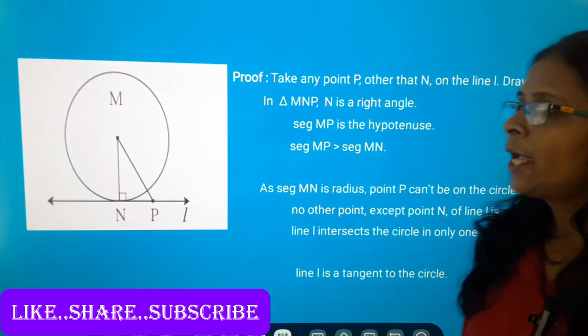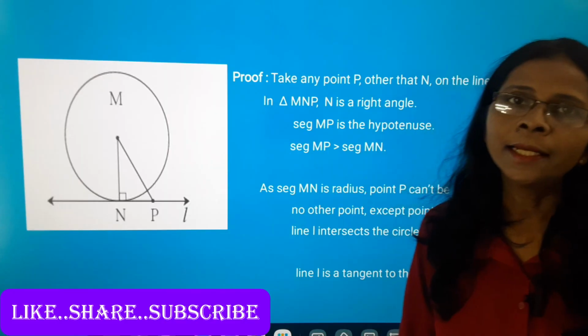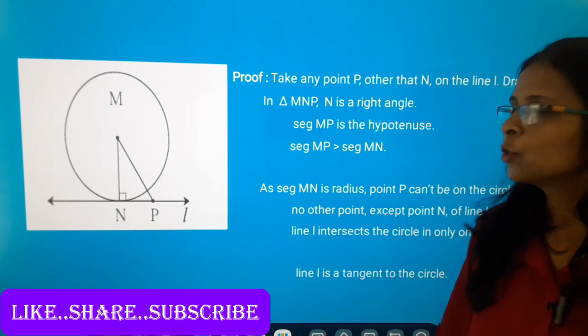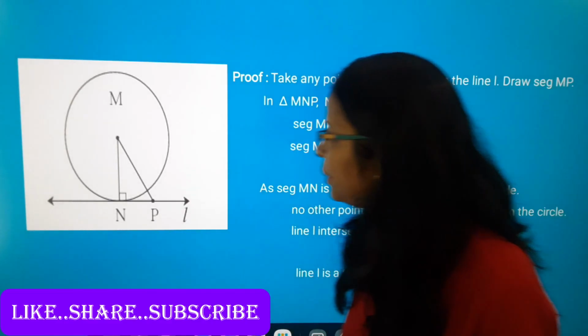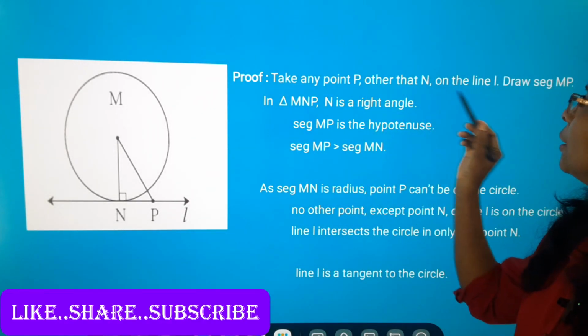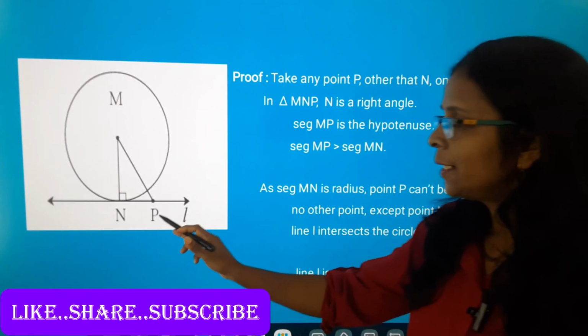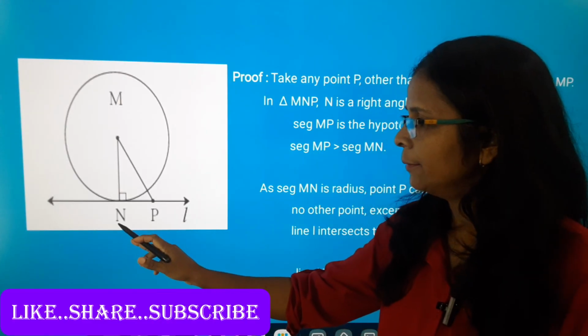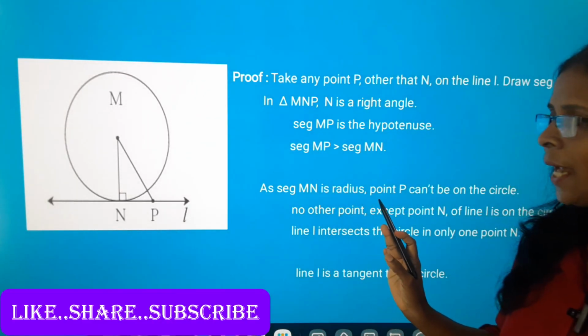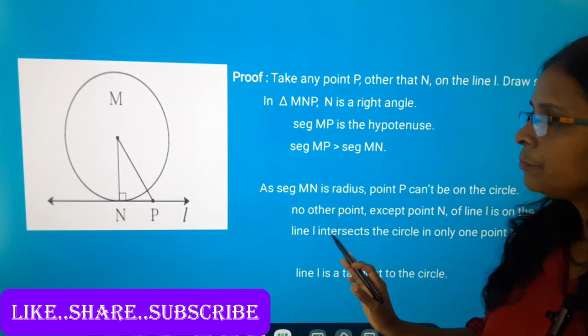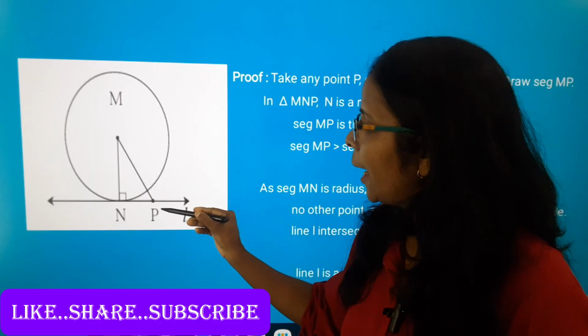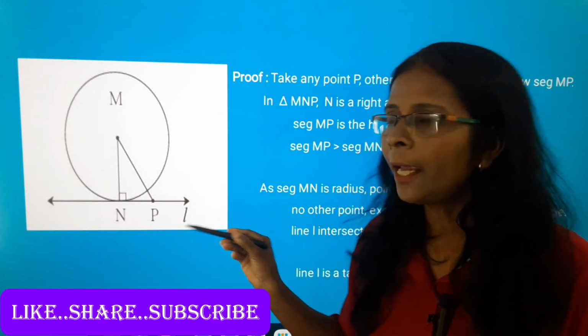As per the construction, take a point P on the line L, other than N. Now join segment MP.